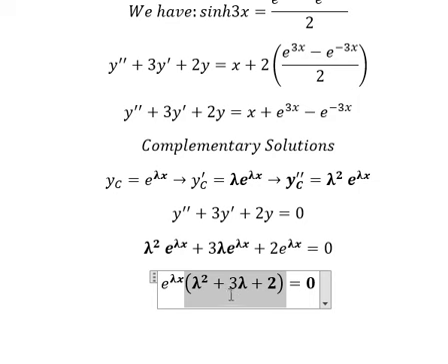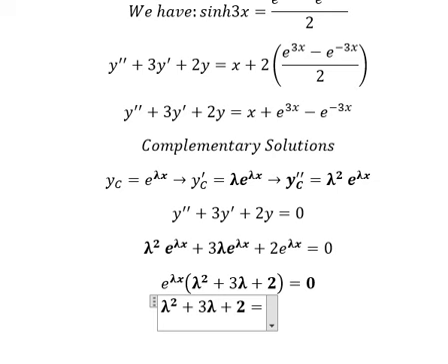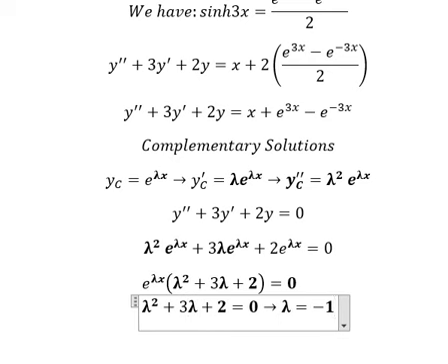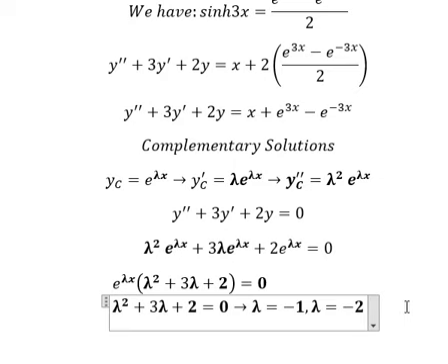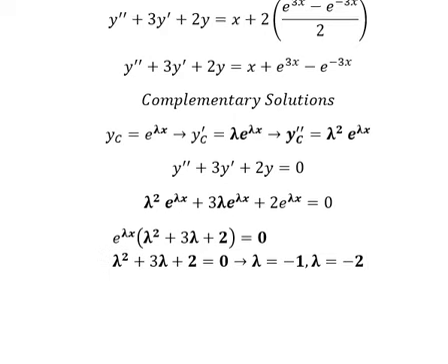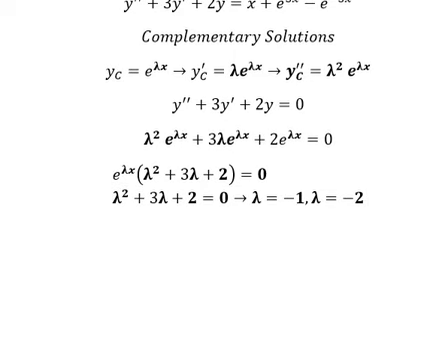So we need to find the solutions of this one. So I will put this one equals to number 0. So we can find lambda equals to negative number 1 and negative number 2. So in this situation, we got about yc.